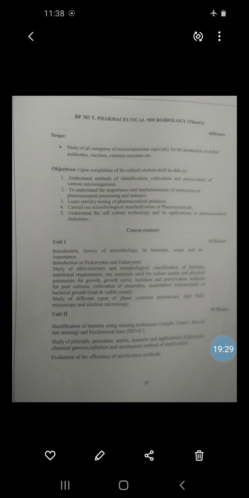This works because the emitted light is of lower energy and has a longer wavelength than the light used for illumination. So this is the working of this microscope.